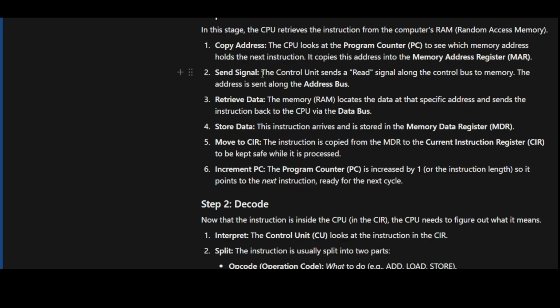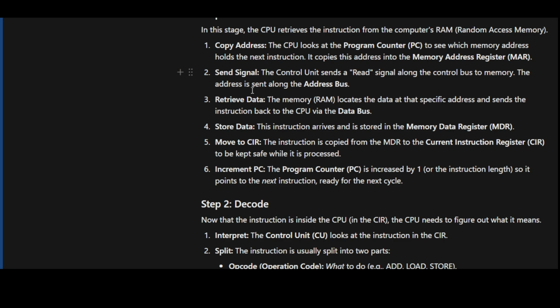So the control unit sends a read signal to the memory through the control bus, and at the same time it also sends the address on the address bus. So the memory gets two inputs: one is the signal, here the read signal, and the other input is the address. The memory gets these two inputs from the control unit, and it will know that that particular address has to be read.